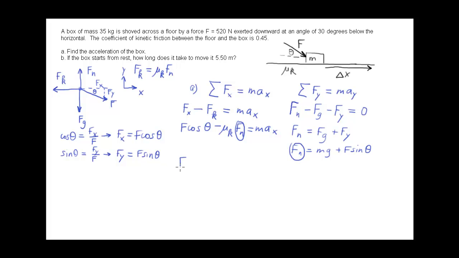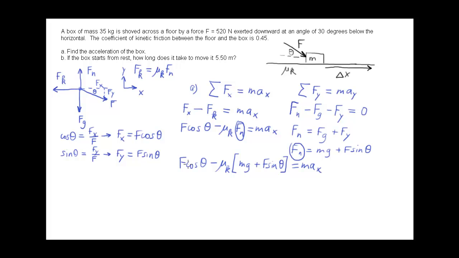So rewriting this, F cosine theta minus mu sub k times this entire term, mg plus F sine theta, equals mass times a sub x. Well, a sub x is what we're trying to find.